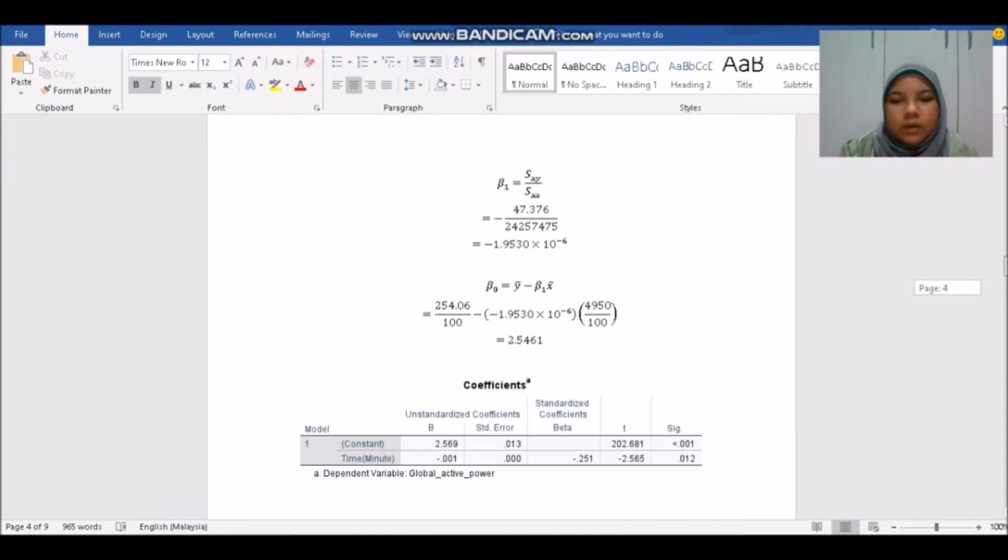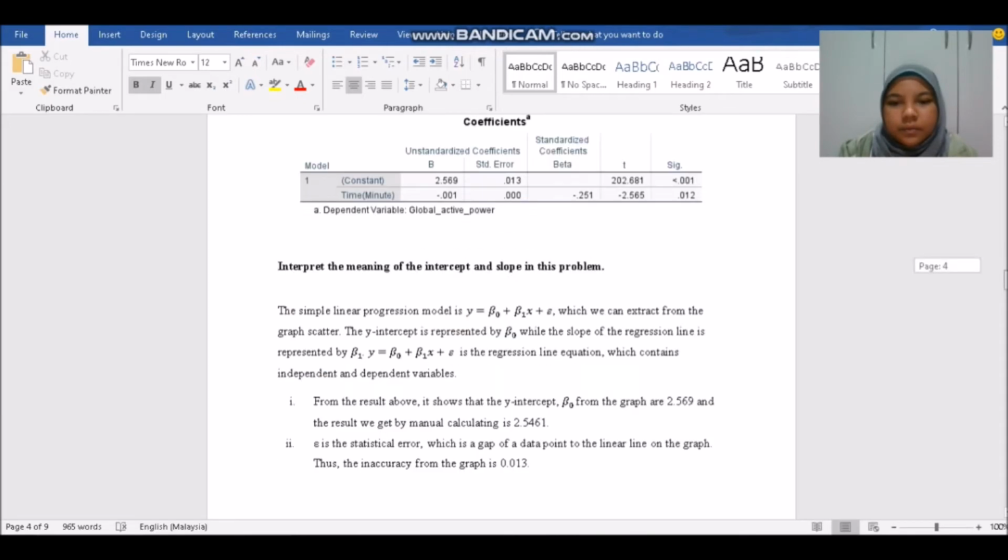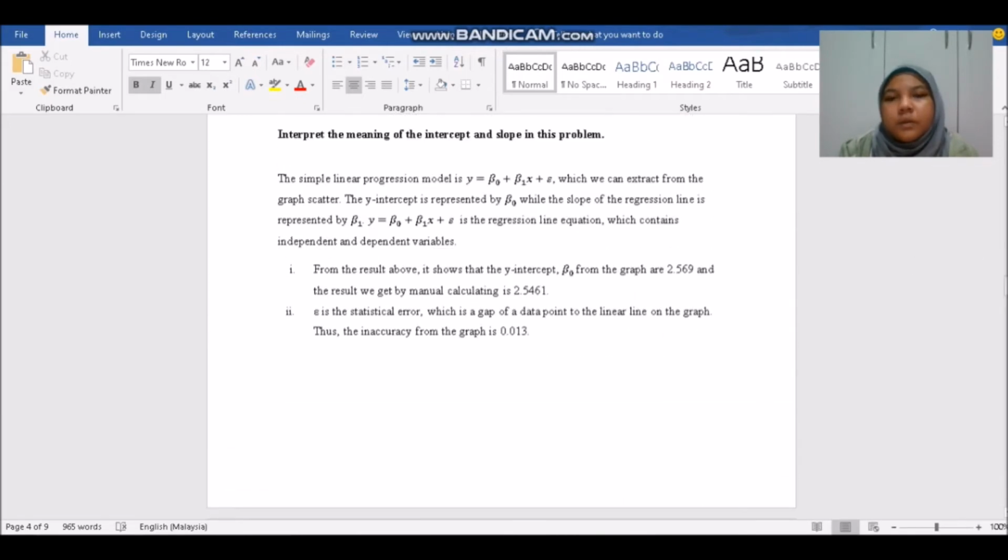Here is the result of beta 0 and beta 1. This is from the manual calculation, and this is from the SPSS. From the result above, it shows that the y-intercept beta 0 from the graph is 2.569, and the result we get by manual calculation is 2.5461.